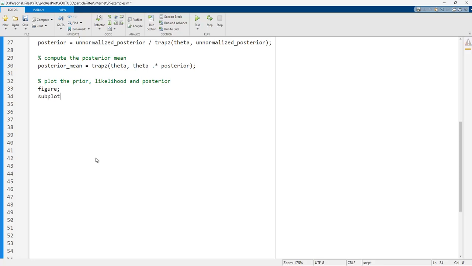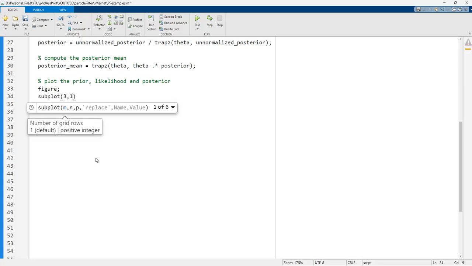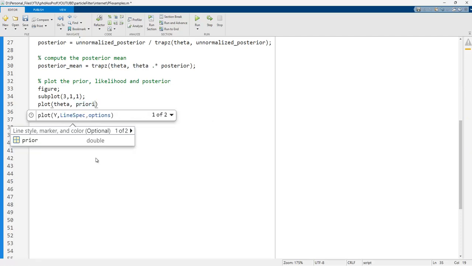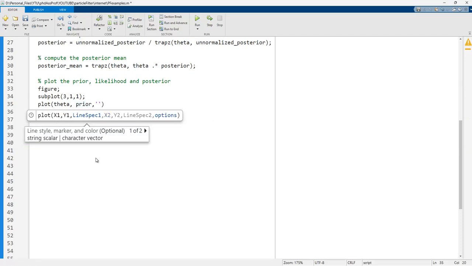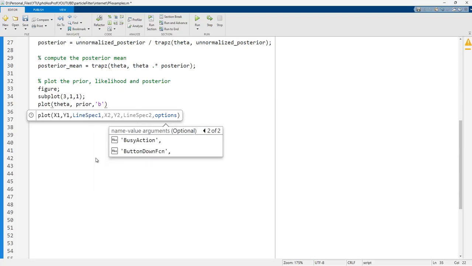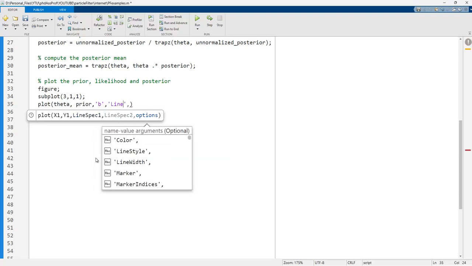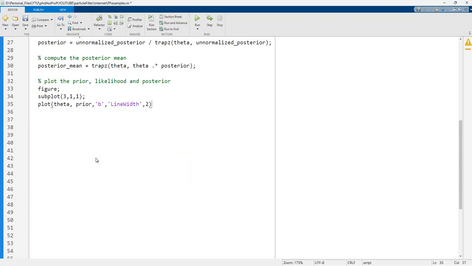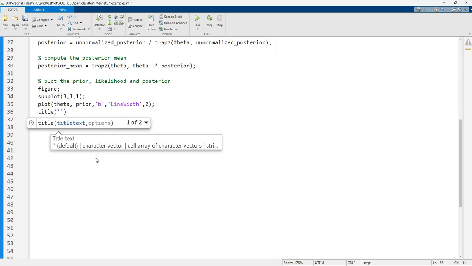After that subplot 3,1,1 and plot theta and prior here with the blue color, and line width equal to 2. And so the title: prior distribution, but in the uniform.